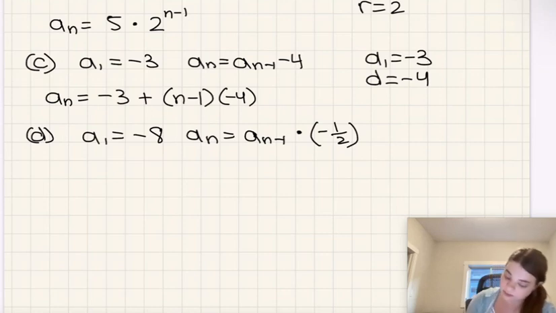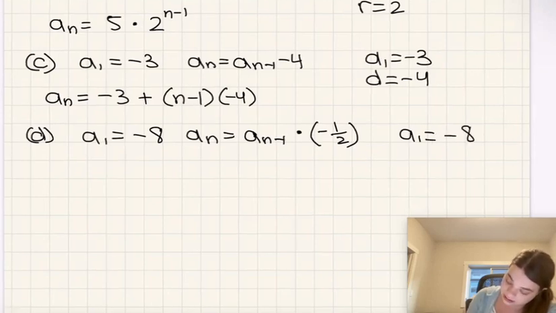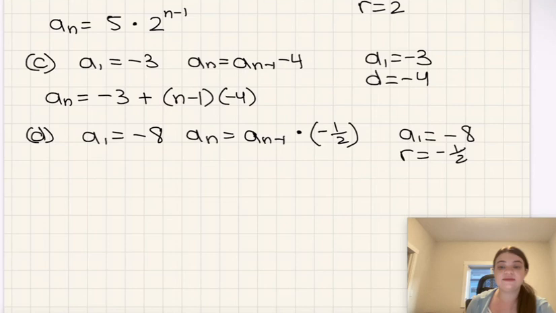And then for the last one, we can see that A1 is equal to -8. Let's make that a bit more clear, actually, -8. And our common ratio in this case is -1/2. This must be a geometric sequence because we're multiplying by something, right?